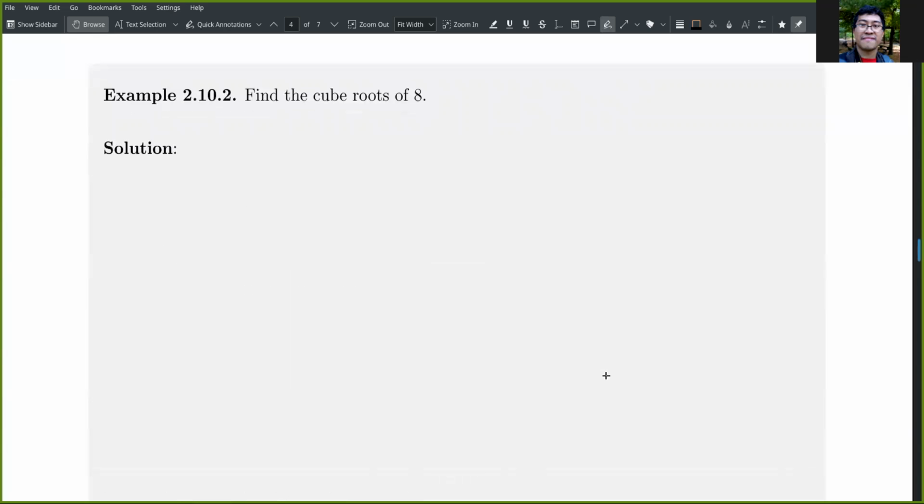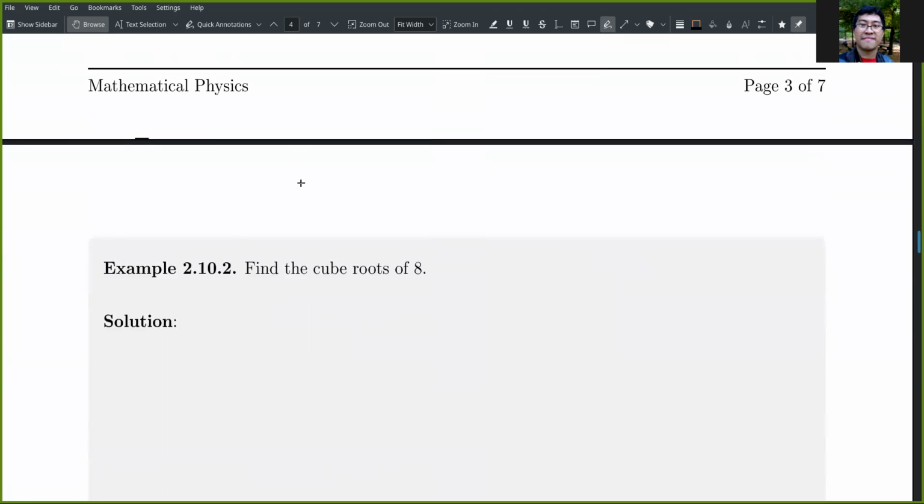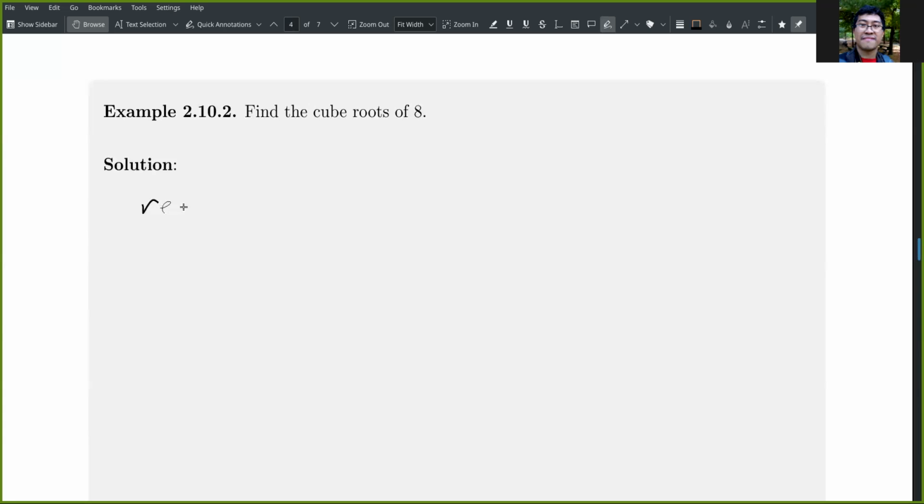Okay, another example. Find the cube roots of 8. Now, this is just a review: the square root of 4 is 2 or minus 2.